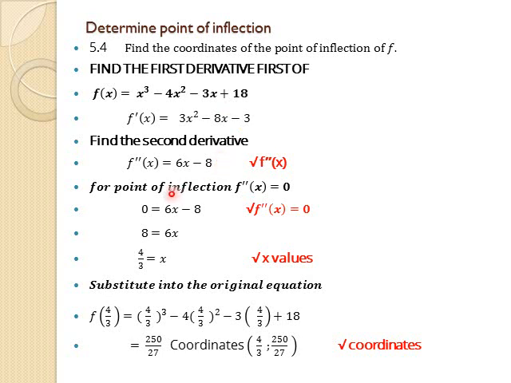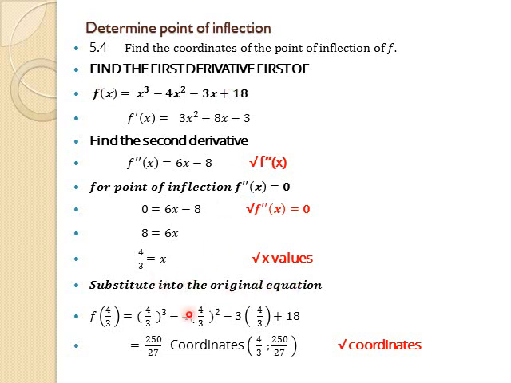So again, for the point of inflection, my second derivative must equal 0, so 0 equals 6x minus 8. Take 8 over, 8 equals 6x. So x equals 8 divided by 6, which simplifies to 4 over 3. Again, that x value must go back in the original equation.